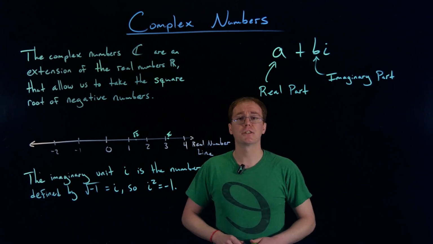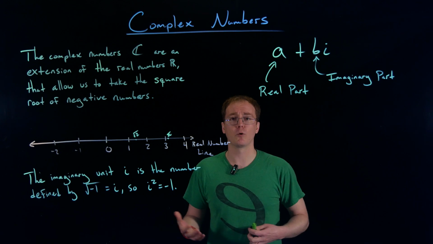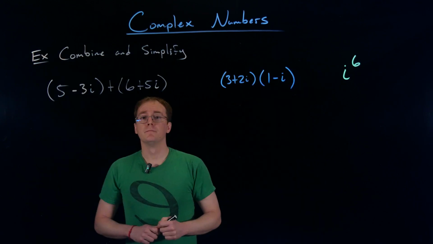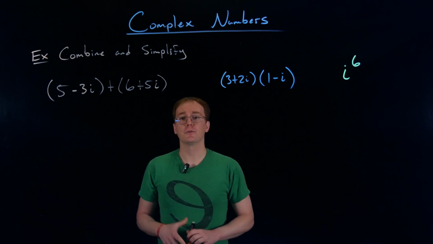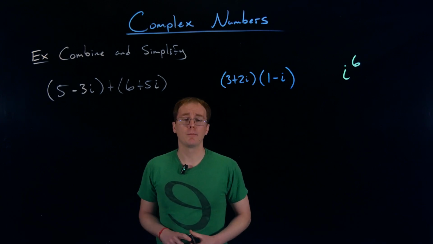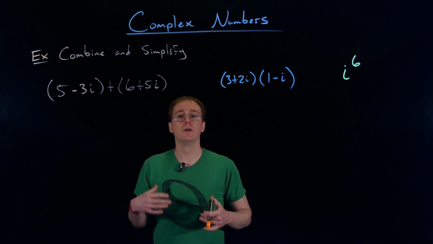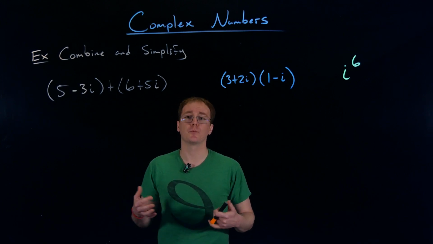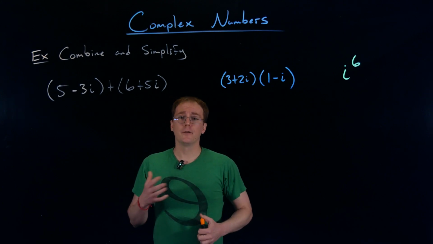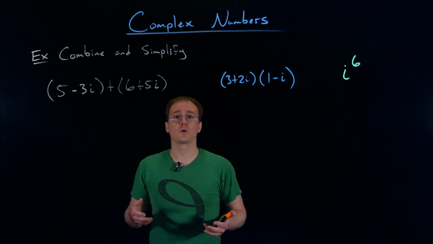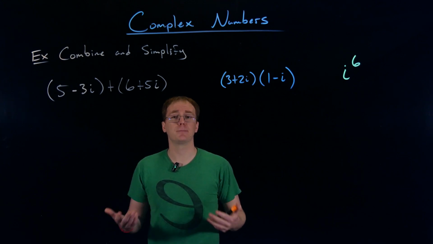So let's go ahead and check some of that arithmetic out, get a little bit more comfortable working with this new number system, the complex numbers. All right, so let's go ahead and look at some examples of doing some basic arithmetic with these complex numbers. And keep in mind, we're really just following the same set of rules for arithmetic that we use when we're working with radical expressions. And really, a lot of these quantities that we're going to be combining together and simplifying are going to work in the ways we intuitively expect them to.